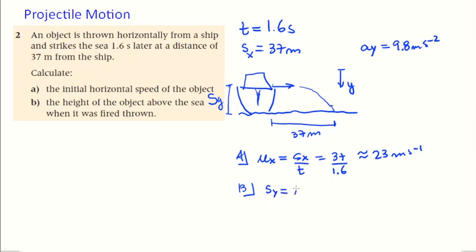So s equals ut plus a t squared over 2. Now the initial vertical velocity is 0, so that term is 0, and a is the acceleration of gravity, times time squared over 2, and there you go, displacement. If we put the numbers in, it would simply be 12.5 meters. And there you go, that's the final displacement, and that's the answer.